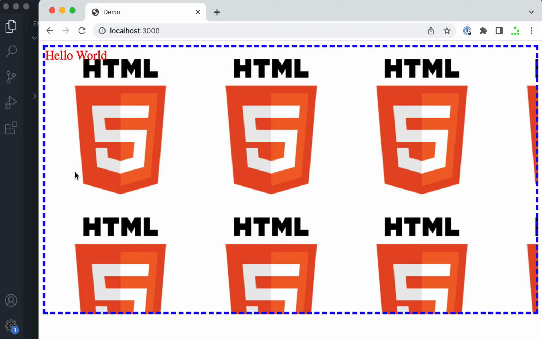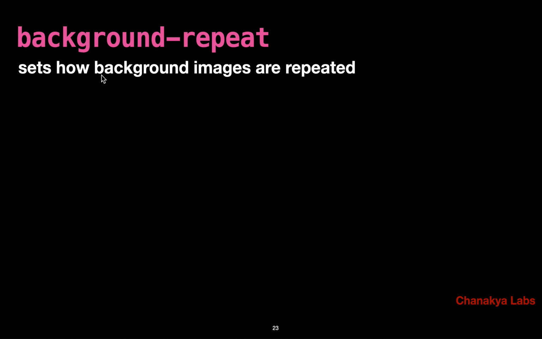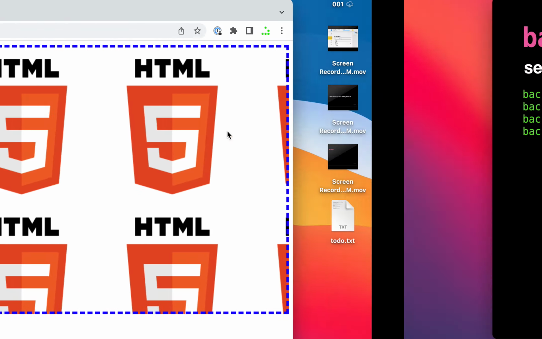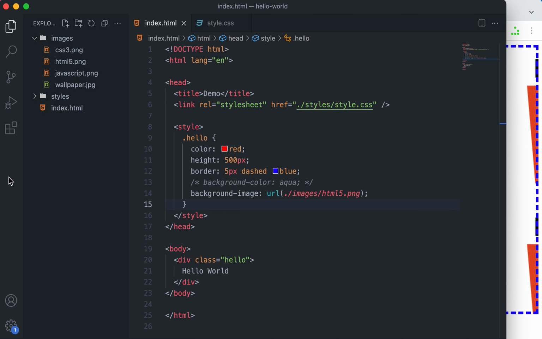There is a property called background-repeat, and it sets how the background images are repeated, and by default the behavior is repeat, and that's why it was repeating. However, you can customize that behavior by giving something like no-repeat, which means don't repeat at all, or repeat in only x direction or repeat in only y direction, which we'll see here.